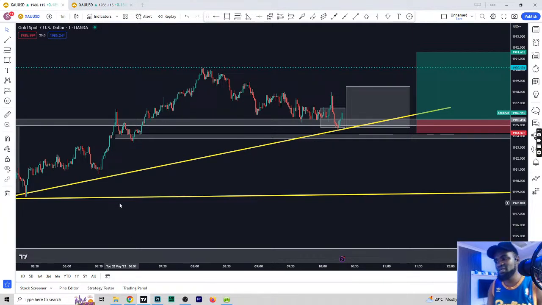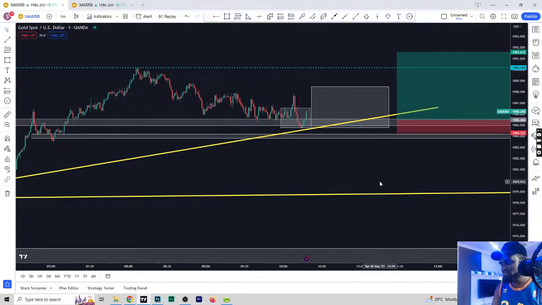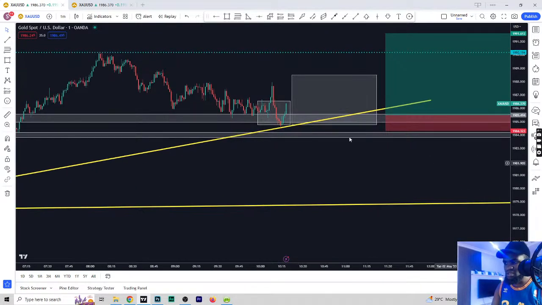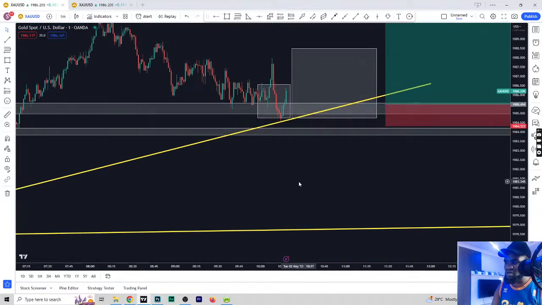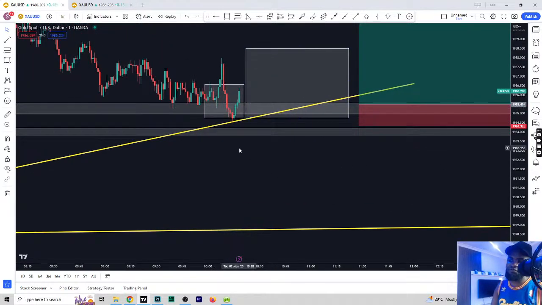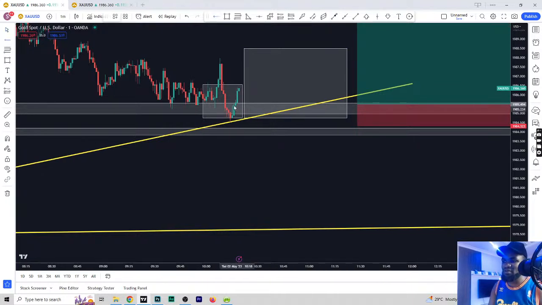So it's already reached our layer zone. It's already covered our quarter. Basically, I even consider the pin of the previous stuff here.